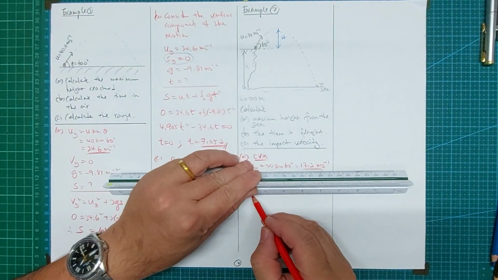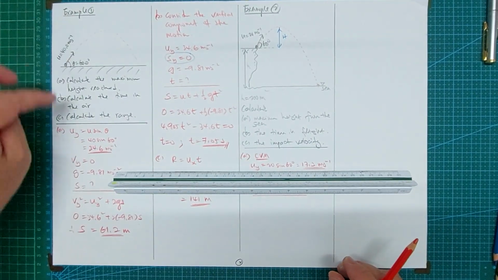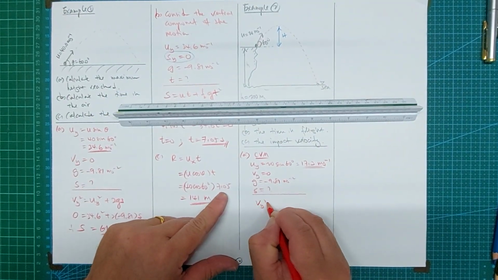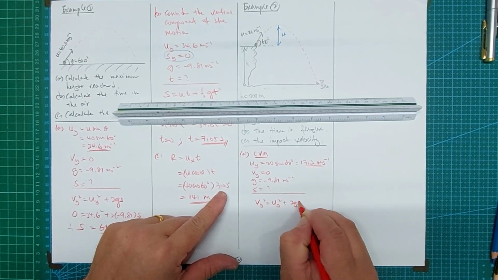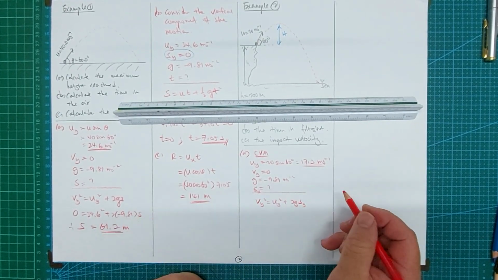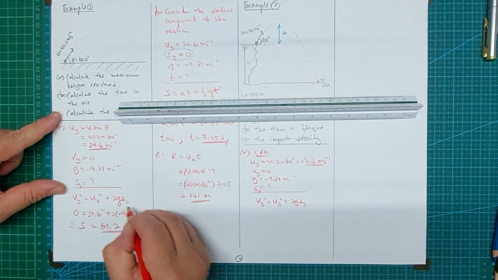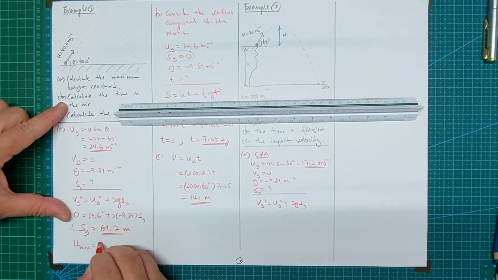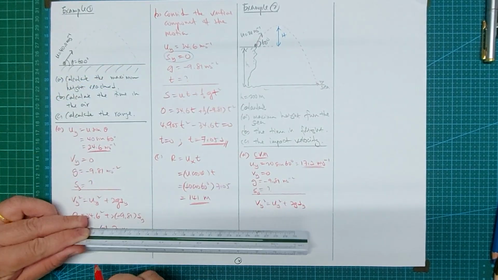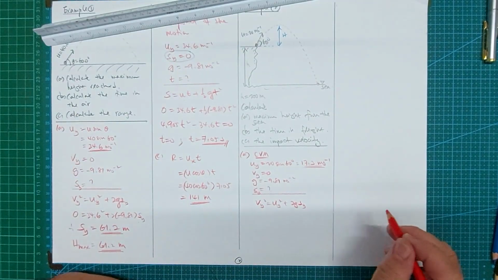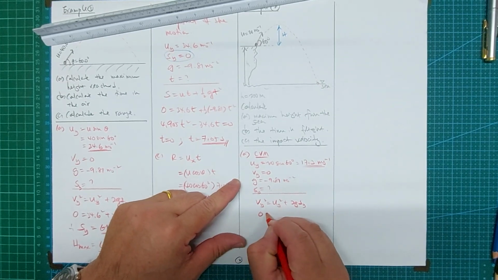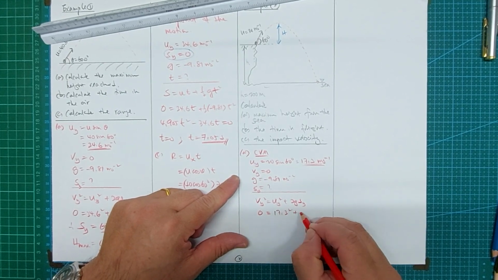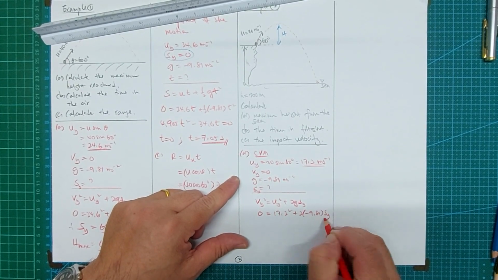So this is more or less the same as example 1a. Next we're going to use this equation, vy squared equals uy squared plus 2gs. This s actually is y, so you can put Sy here. Okay, reach maximum height, vy is 0. So 0 equals 17.3 squared plus 2 times negative 9.81 times Sy.